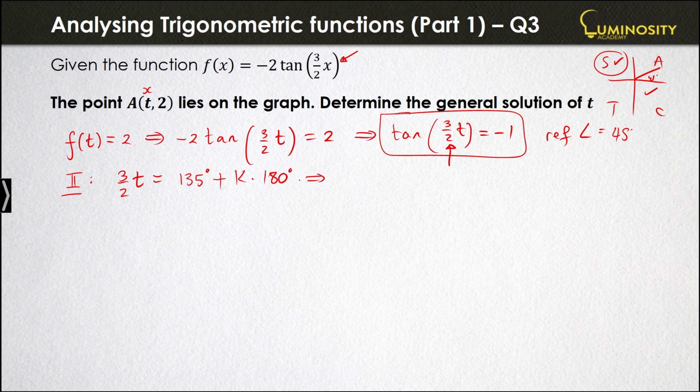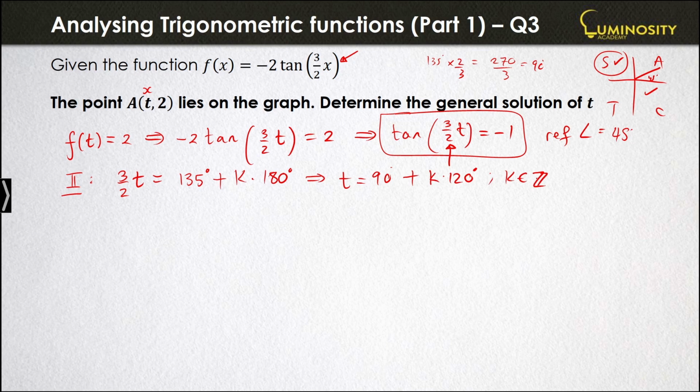Now if I multiply both sides by 2 and then divide by 3, I get t equals 135 times 2, which is 270, divided by 3 is 90. And then 180 degrees divided by 3 over 2, we already did that because of the period, that's 120 degrees, where k is an integer.